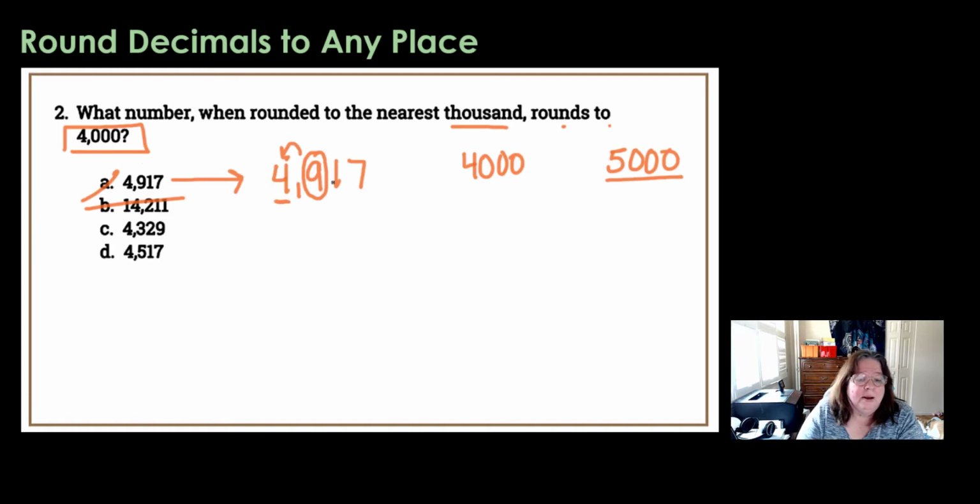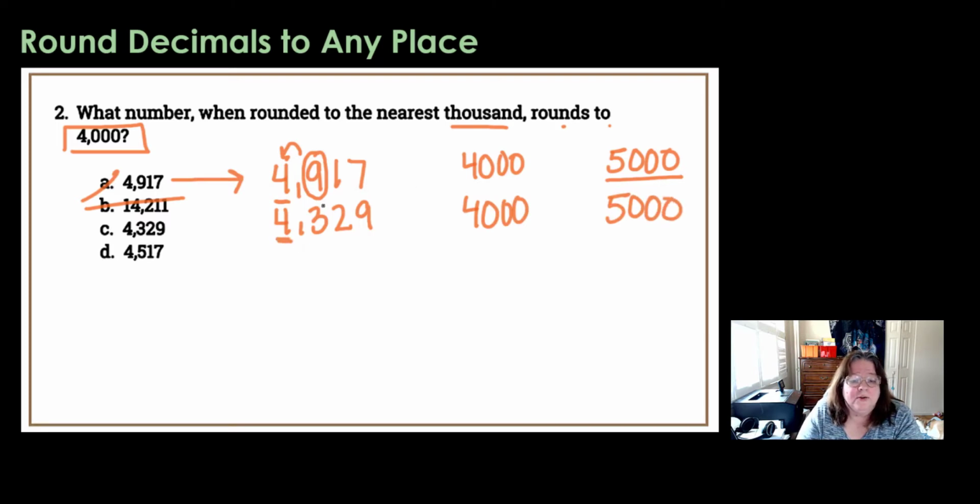We already know 14,000 to the nearest thousand is not going to be 4,000. Okay, so C, we've got 4,329. Again, the number's going to be between 4,000 and 5,000. Those are our two choices of what it would round to.